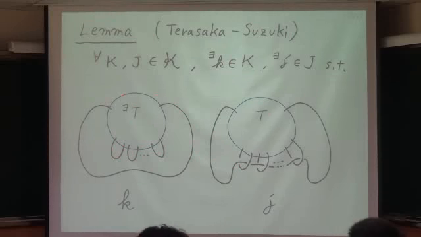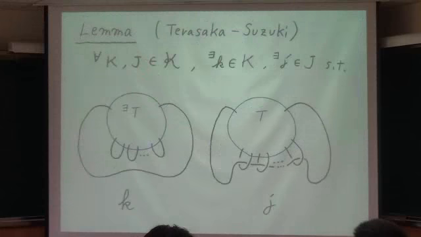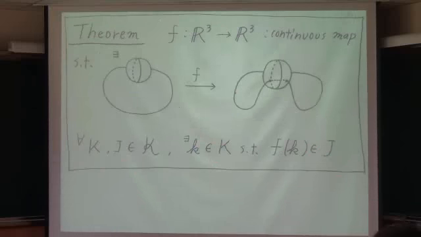So take this 3-ball and take k. This is a 3-ball and it maps, after mapping by F, this part goes to this, like this. Then we can show this theorem.